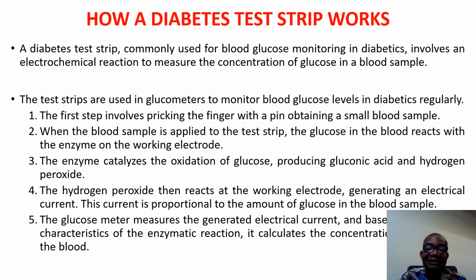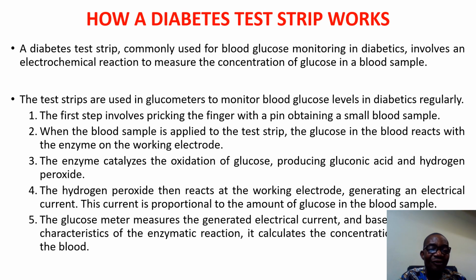The hydrogen peroxide then reacts at the working electrode, and it generates an electrical current.